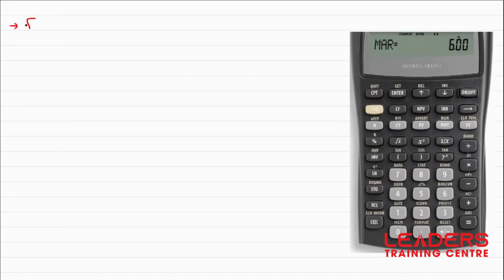So we go back to how to convert to floating decimal. Well, here's what we do. We press second, followed by the decimal button, which is the format button right there. When you press second and format, what you would see on your display screen is DEC equals 2.